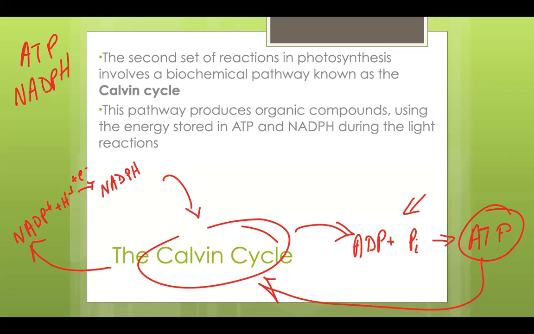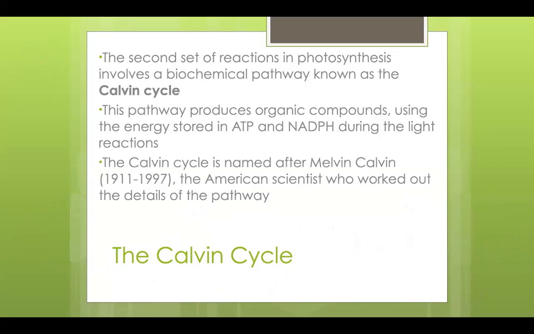And that's what I want to make sure that we keep our focus on, the fact that everything that we use in the light reactions came from the Calvin cycle, and everything that's used in the Calvin cycle came from the light reactions. And that's why they're called a biochemical pathway. This cycle is named after Melvin Calvin, who was the scientist who worked out the details of this pathway.